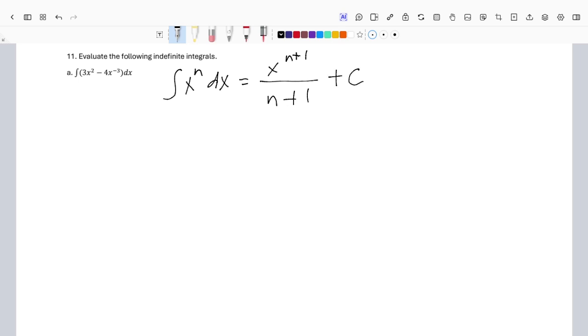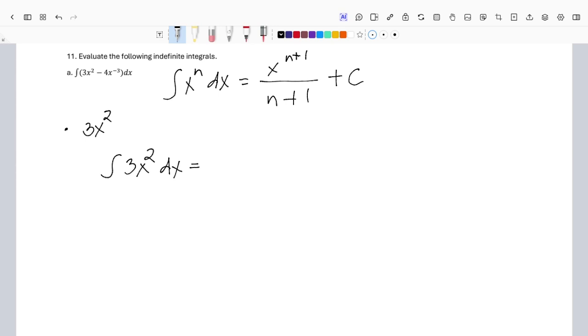Now let's start with our first term, 3x squared. We have the integral of 3x squared dx.